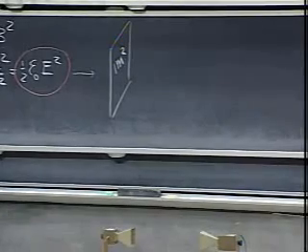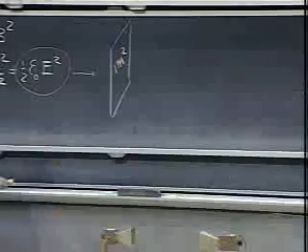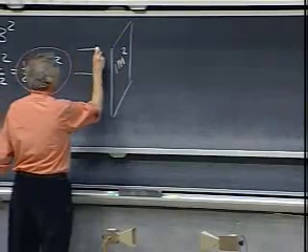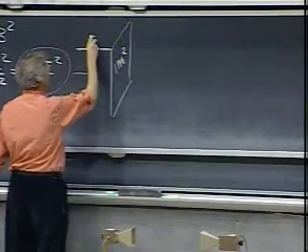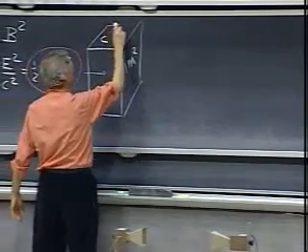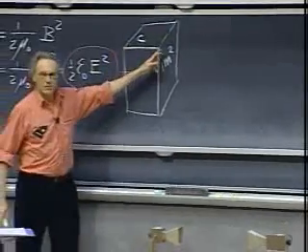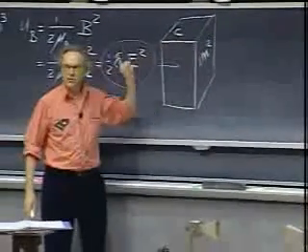And I want to know how much energy flows through there, 1 square meter every second. In 1 second, light travels a distance c, which is a horrendous distance, 300,000 kilometers. This side of this box is what light travels in 1 second.